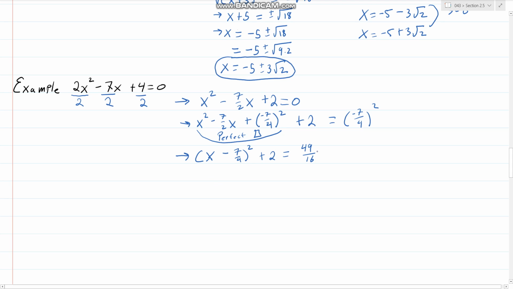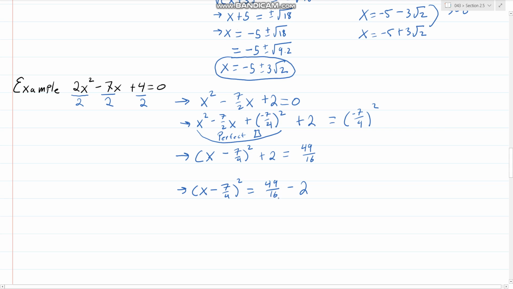So I'm going to move that 2 to the other side. So I get x minus 7/4 squared equals 49/16 minus 2. Now I need to combine like terms.